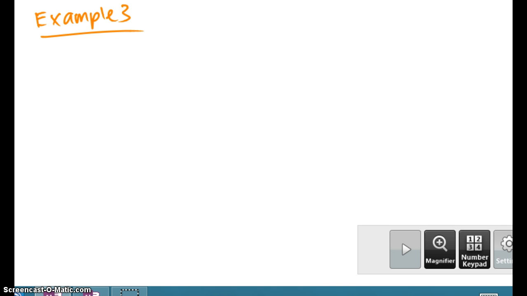Let us now look at example 3. Example 3 requires you to find the radius of a sphere given that the volume is 1416 meter cubed. Now let us write down the first step. Volume of sphere is given as 1416 meter cubed.